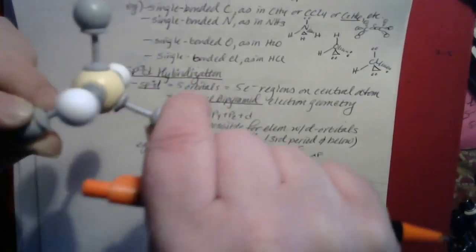But remember, when you're talking about trigonal bipyramid electron geometry, not all of the positions are equal. That's why I use different color atoms for the different positions. The atoms that we normally draw pointing horizontally are called equatorial positions, and they're spaced further apart than the atoms that go up and down, the axial positions.